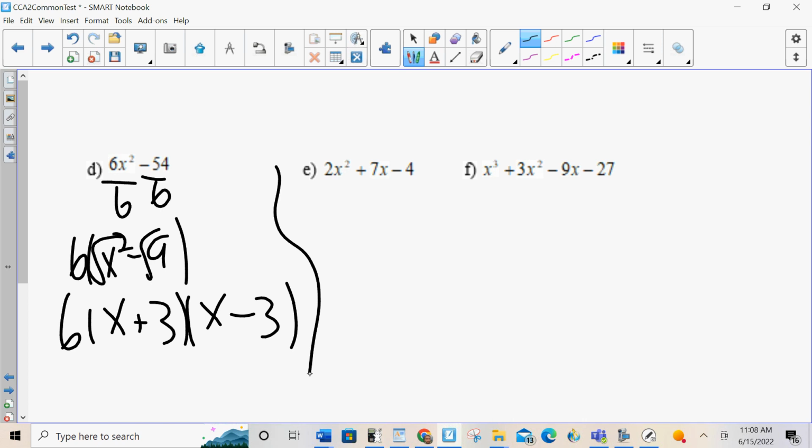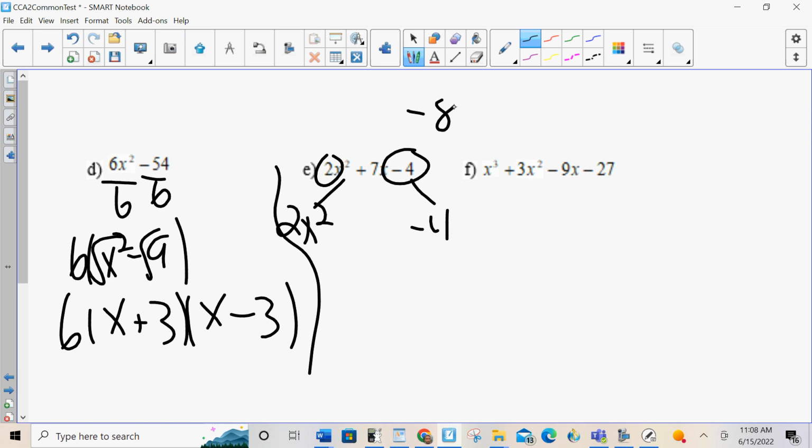E, is there a GCF? No. Three terms, so it's a trinomial. Is it a tricky trinomial? Yes. Now there are two methods for tricky trinomial. I'm going to do them both. I'm going to start with the grouping method. The first term comes down and the last term comes down. I'm multiplying the first and the last. I need two numbers that multiply to negative 8 and add to positive 7.